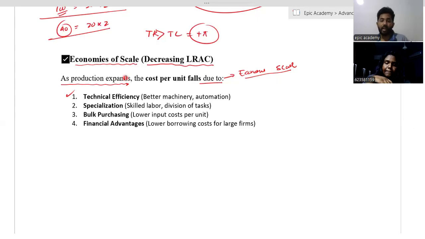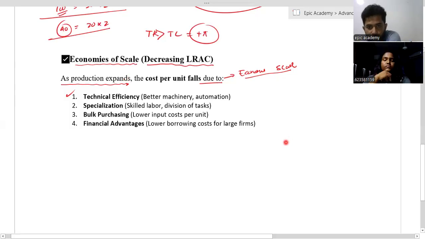If you take that kind of ingredients from large industries, the cost per unit can be reduced because they are offering many things for us. So those are the activities you can do over the long term to reduce the average cost of production. So we call it economies of scale.